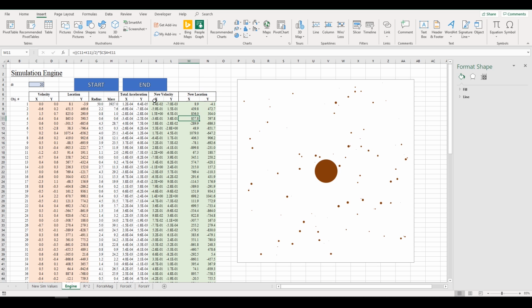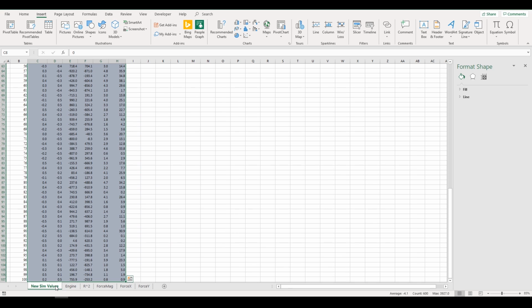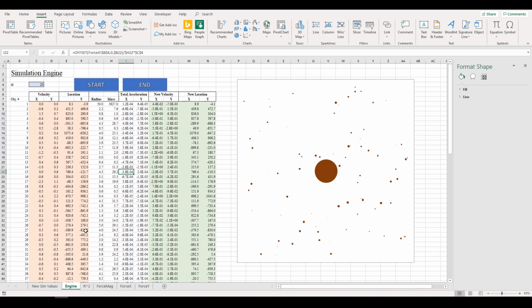So if something like that interests you, or any other kind of spreadsheet simulations in Excel, let me know in the comments below, and hopefully I can throw that into Excel and create what might be another interesting simulation in our favorite piece of software.